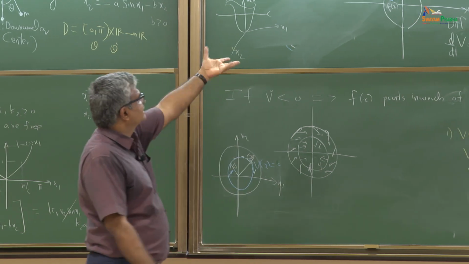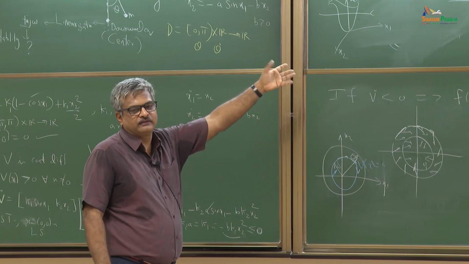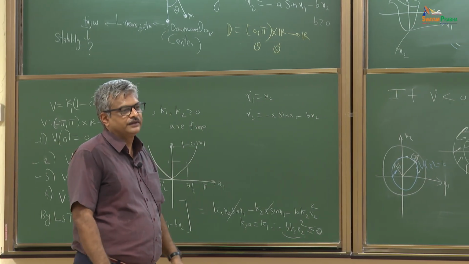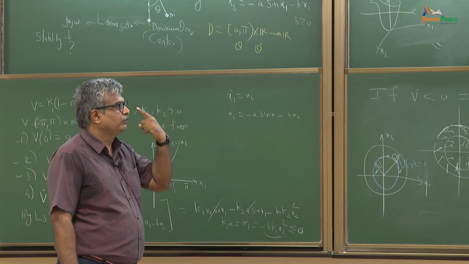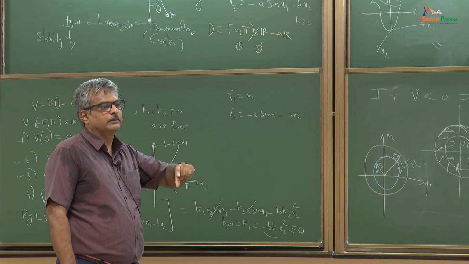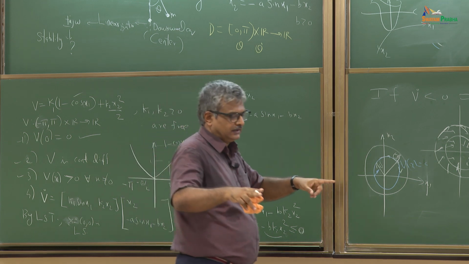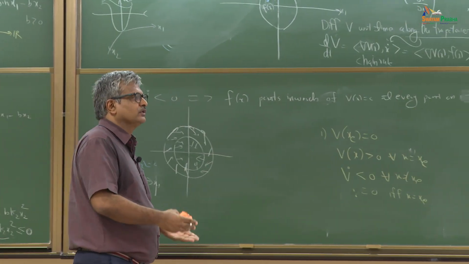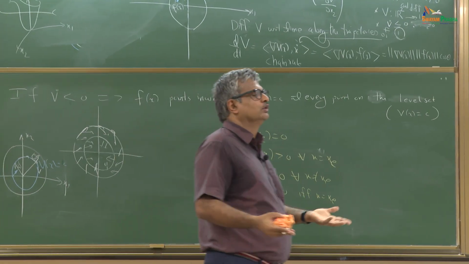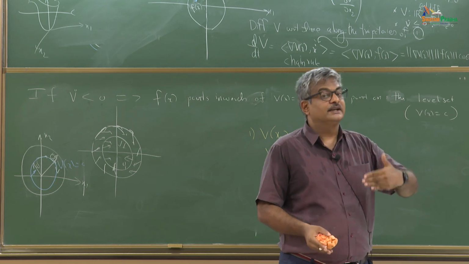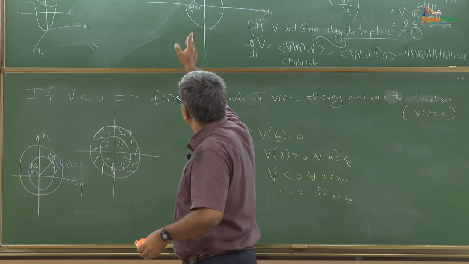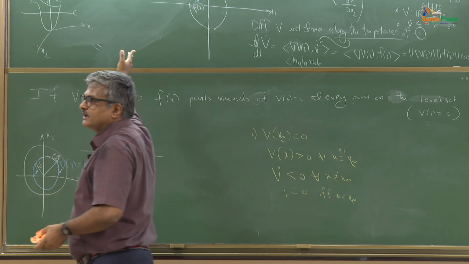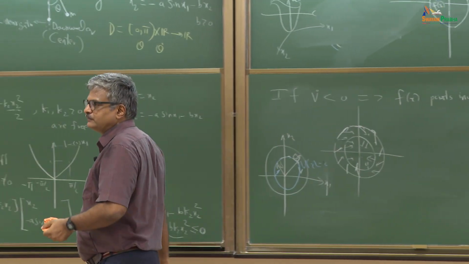So you have to construct something like a Lyapunov-like function for that. If you remember yesterday in the Poincaré-Bendixson theorem, one of the requirements was you need a set. It should not contain any equilibrium points, or if it contains, it should be either an unstable node or unstable focus. The second condition was it has to be positively invariant. To show that, you can again come back here and use the same techniques.